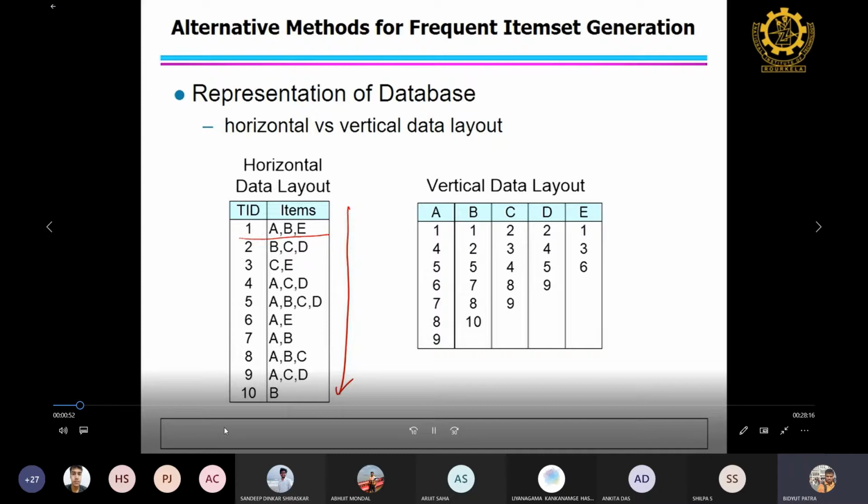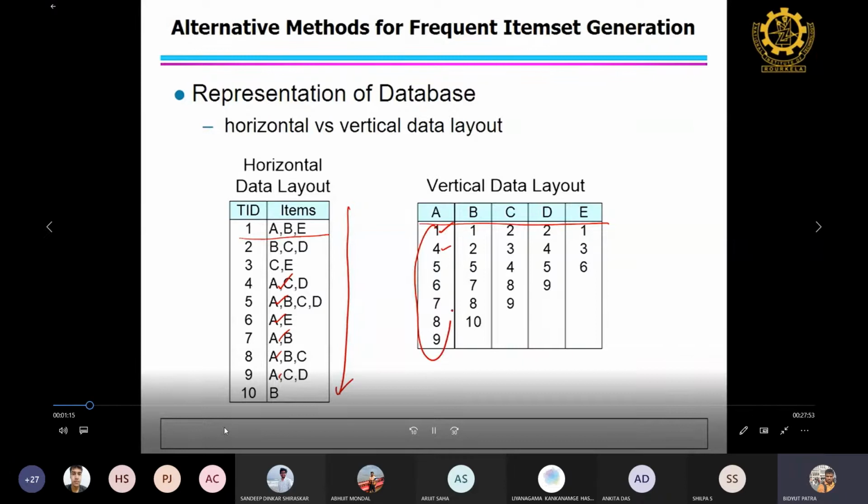The other representation is called the vertical data layout. You write the item in the column and then note down the transactions in which each item appears. Suppose A appears in transaction number 1 and then in transactions 4, 5, 6, 7, 8, 9.